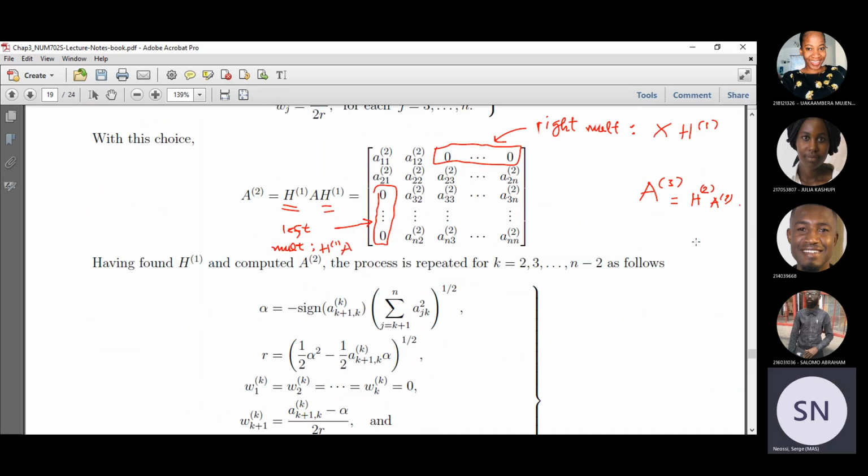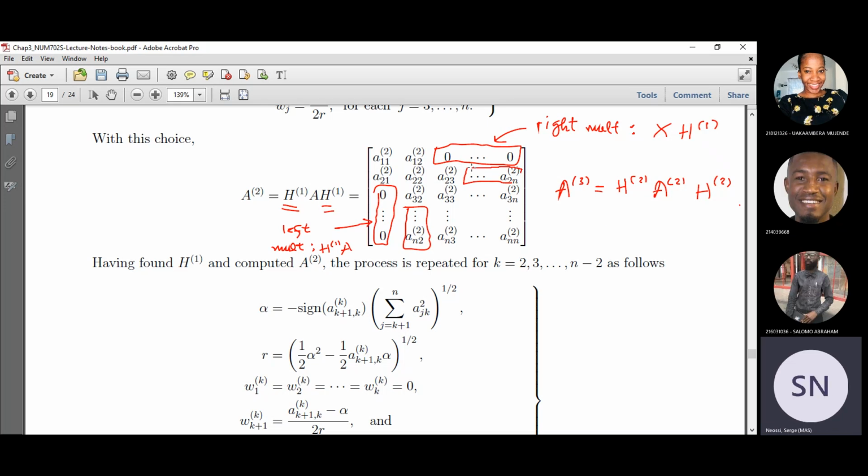So if we proceed with this multiplication, what will happen? This will be 0. You see. And simultaneously, we will also 0 here. So what happened? You see that the 3 diagonals appear. You have this diagonal, you have the main diagonal, and you have this other diagonal. They will appear, and the other will be 0.